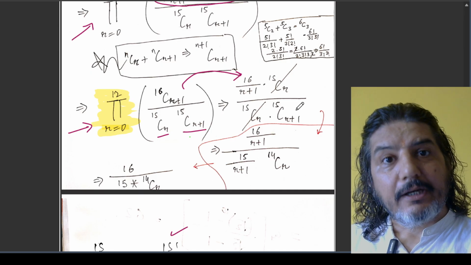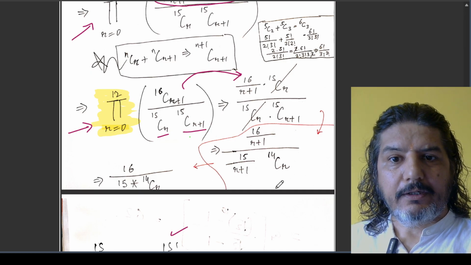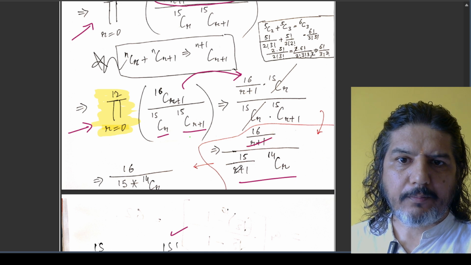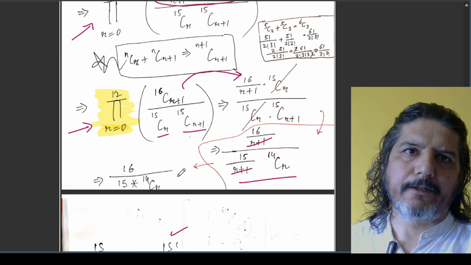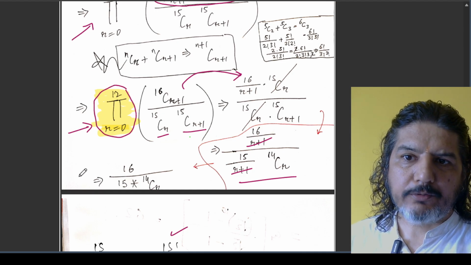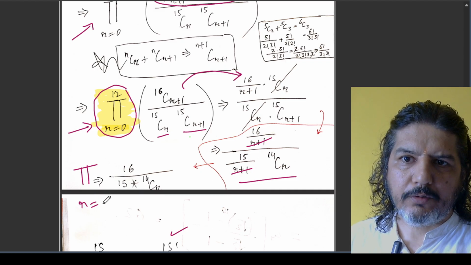Then I take 15CR plus 1, I write it like this. And now what happens is that this R plus 1 cancels. So this is 16 upon 15 into 1 upon 14CR. And remember, the pi is waiting outside. I haven't written it here, but please remember that it is here. R goes from 0 to 12. This is here. So this is where I have reached.